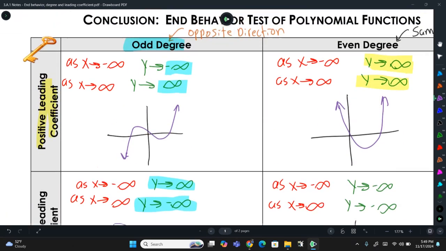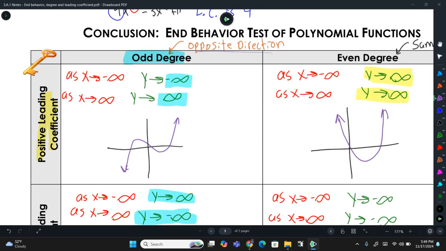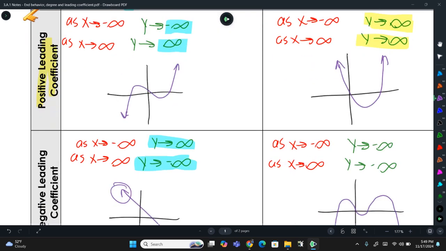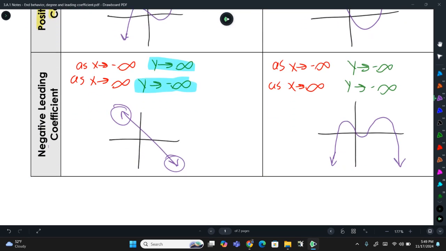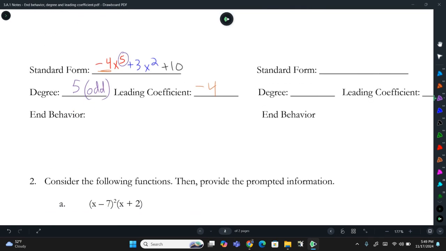So up here, an odd degree goes in opposite directions, and we have a negative leading coefficient, so this is our end behavior. As x approaches negative infinity, y approaches positive infinity, and as x approaches positive infinity, y approaches negative infinity.